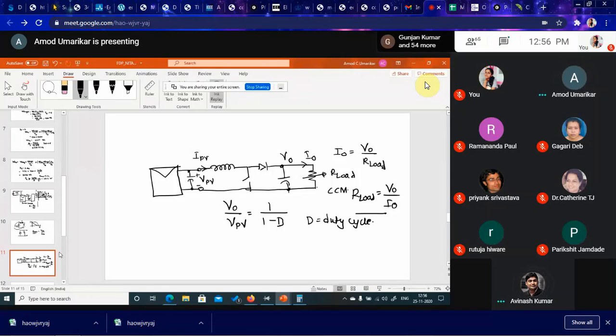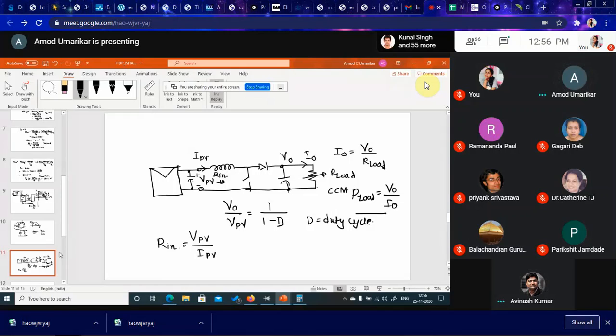Now D is a duty cycle. What is the resistance which is seen by the solar PV? VPV upon IPV is nothing but R in, correct? Yes or no? VPV upon IPV is the resistance seen by the solar PV panel.